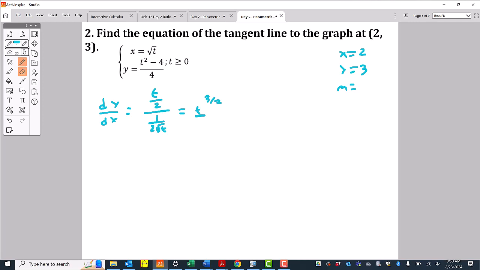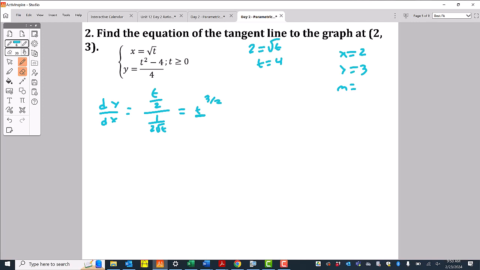So that means we're going to take x and y and find the t that happened at. Now, because x and y are both dependent on t, we can't just plug in x and only find that one. We have to plug in both x and y and find the t that matches. So we say 2 is equal to root t, so t is equal to 4. That only has one option.